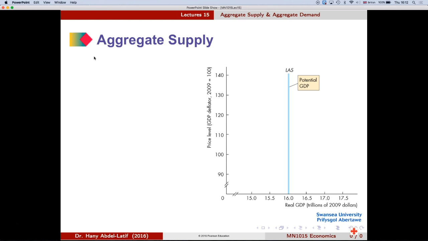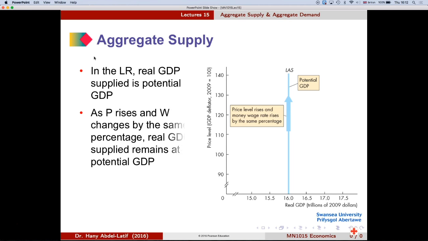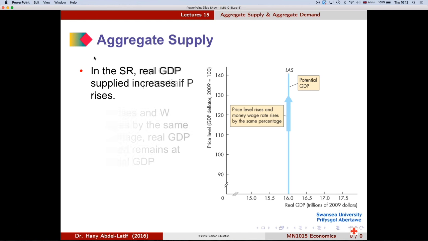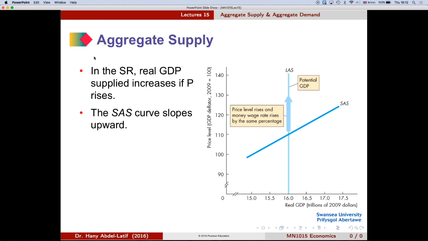So that's why you see a vertical line, and it's at the potential GDP. And again, this is the long run aggregate supply. And the short run aggregate supply is just an upward sloping curve, like we said. So you see, that is the short run aggregate supply.